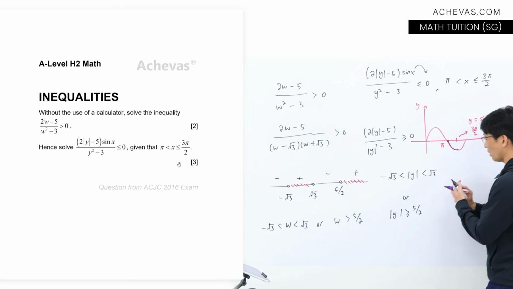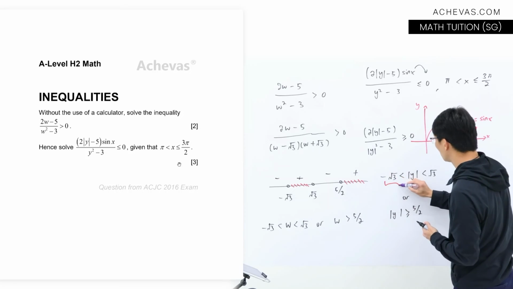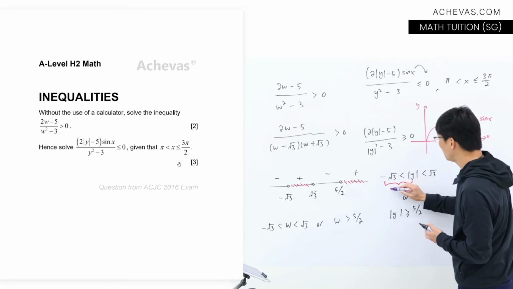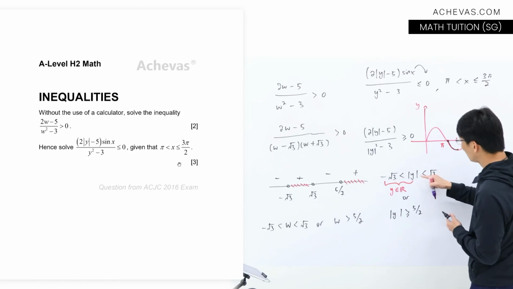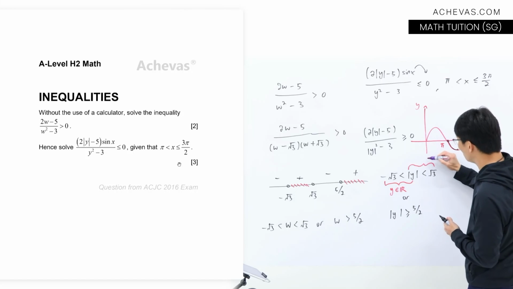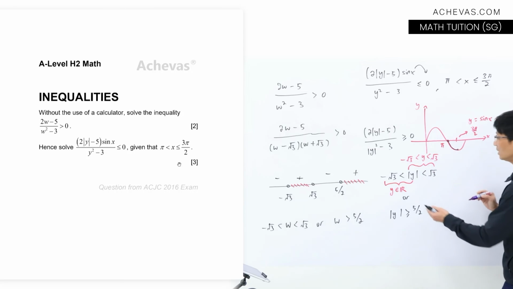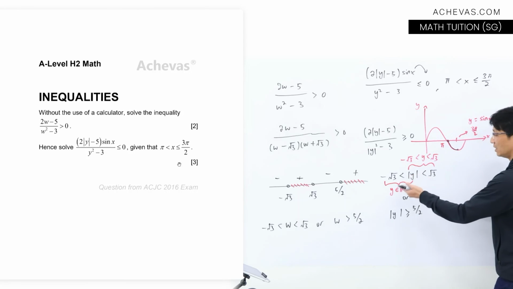Like for this case, when we split up the modulus of y greater than minus square root 3, it will give me y is an element of everything. For this one, when we split this up, we will be able to get y between minus square root 3 and square root 3. And this is an end case.